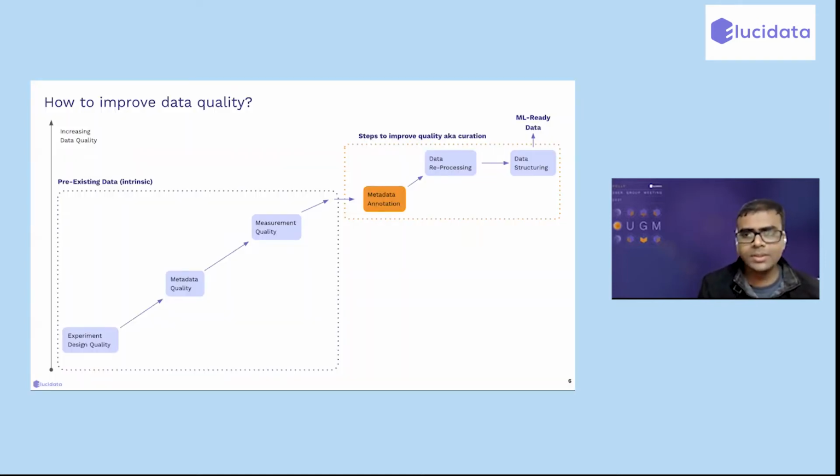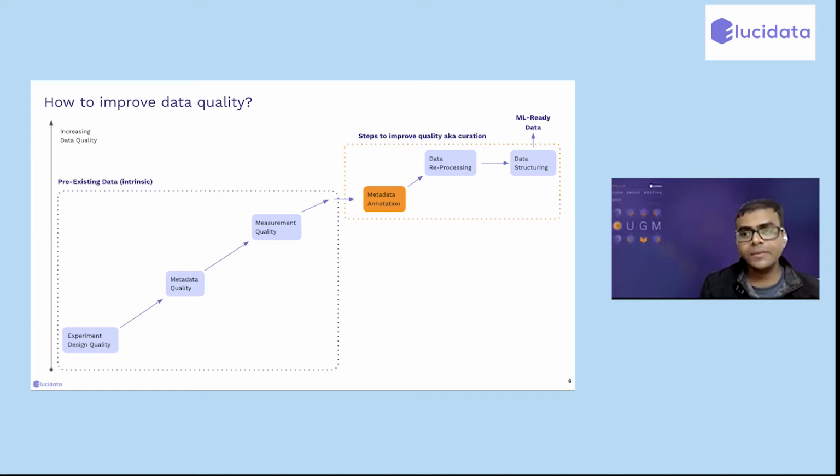And how this is connected to data quality is, as we have seen from Chef's presentation, that metadata annotation is a very important part of improving the data quality and bringing data onto Poly. It means that we are trying to add value to those data sets by improving their data quality. So in the context of this presentation, we'll look at metadata annotation in detail.